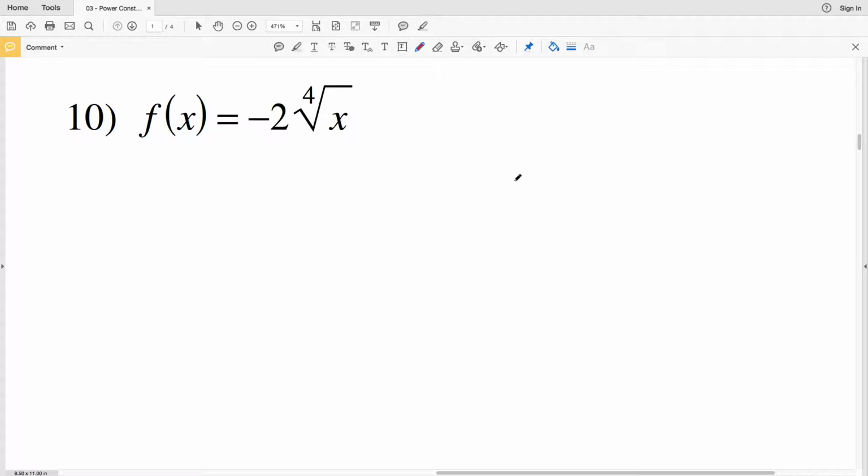And the last problem on the first page, number 10, I'm going to rewrite as negative 2 times x to the 1/4, because the fourth root of x is the same as x to the exponent value of 1/4. So I'll have negative 2 times n times x to the n minus 1, which is 1/4 times x to the 1/4 minus 1, which I'll write 1 in terms of 4, so that's 4 over 4.